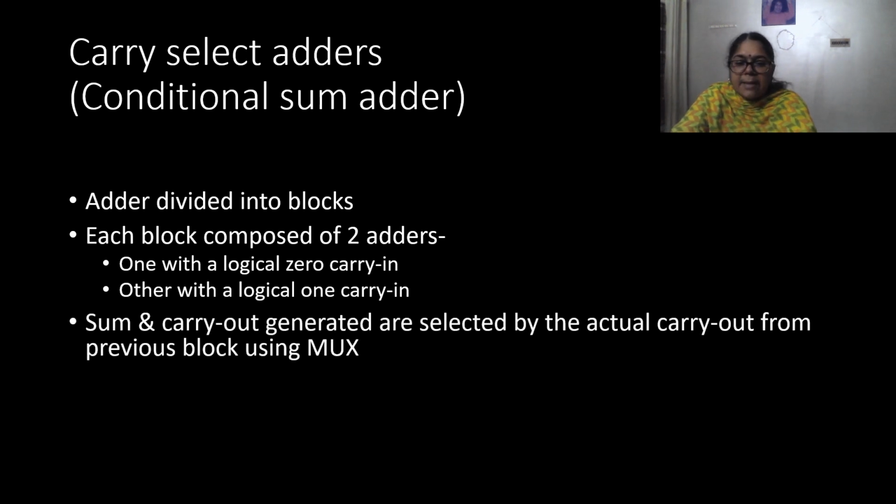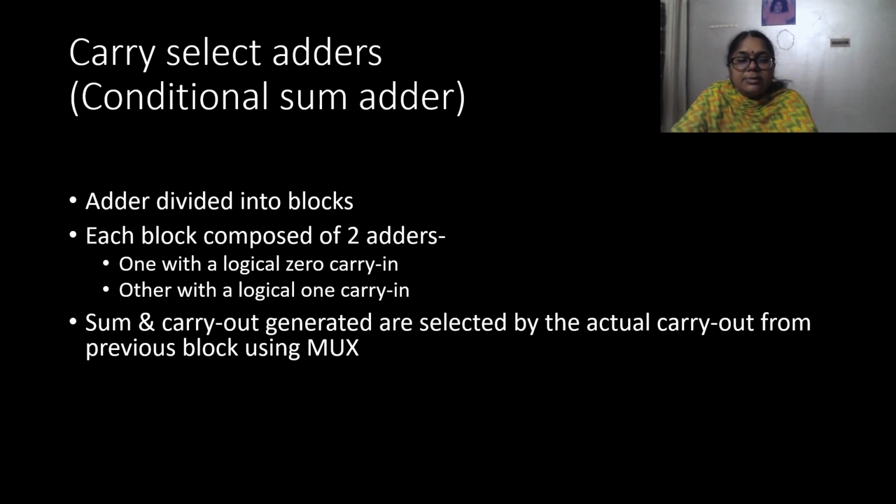Thus, the sum and the carry out generated are then selected by the actual carry out from the previous block using the multiplexer. I told you the two adders that are present in the block, they keep the sum and the carry out ready before the previous block would have generated its carry signal and given it as input to the next block.